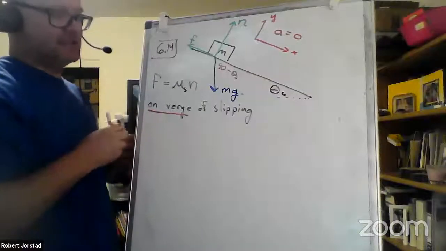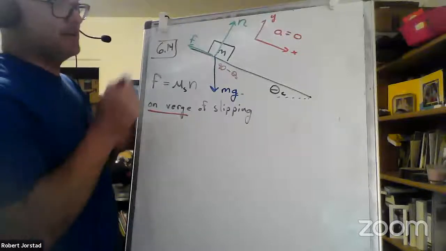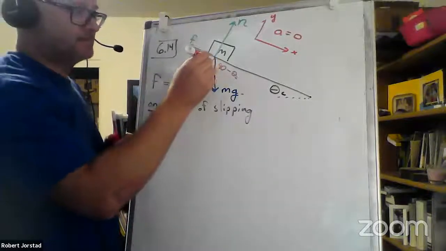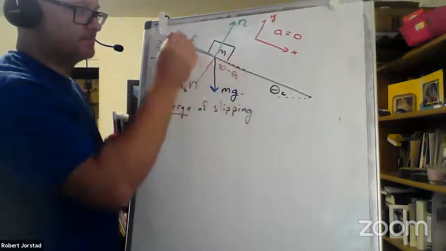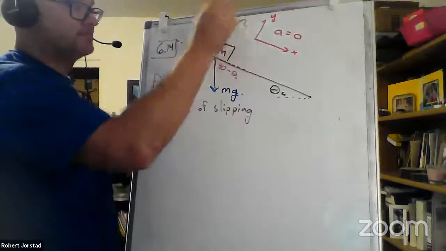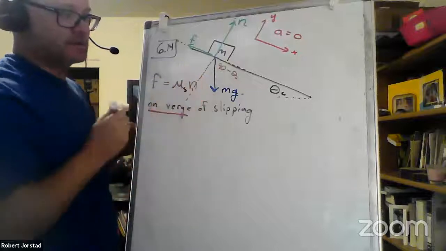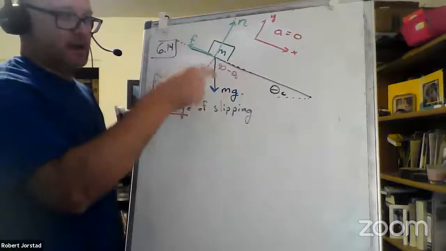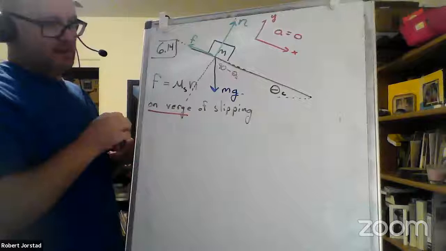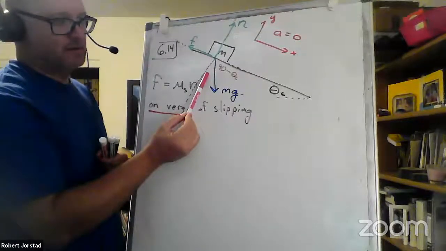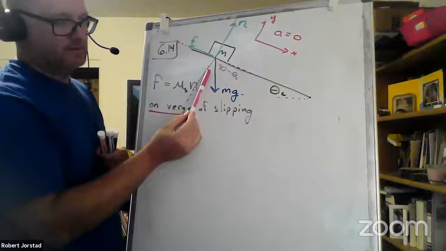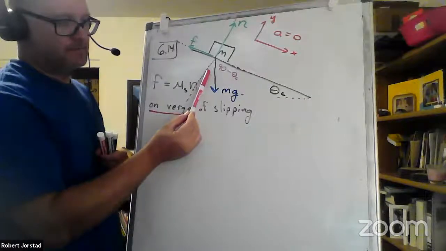So then typically when I'm splitting this up, I need to split up this mg vector. What's this angle that I'm trying to point to? Angle theta.